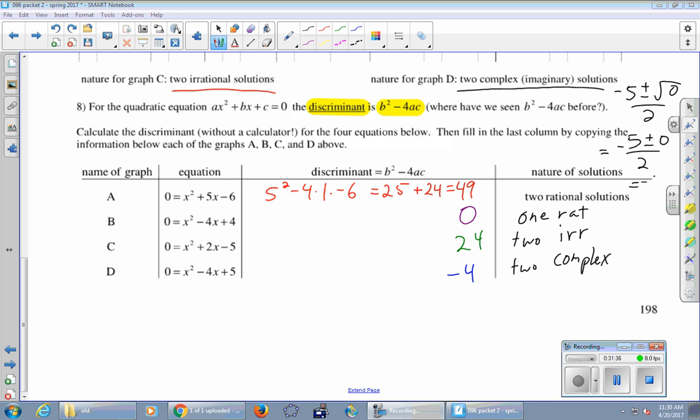So then would you guys agree that the 0 plays absolutely no role? How many answers did we get? 1. The only reason we got 1 is that we had a 0 sitting over there. That's the only time you will ever get 1. If you look at the rest of these, 2, 2, and 2, the only way to get a single solution is if you get a 0 there, because otherwise you will have a plus and a minus, and they will give you different outcomes, okay?